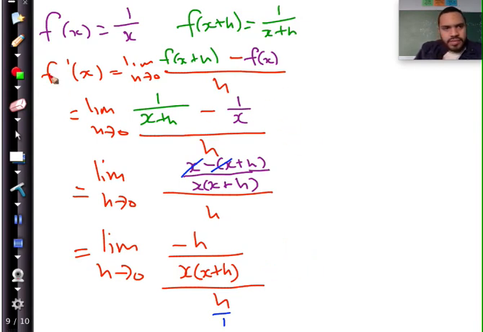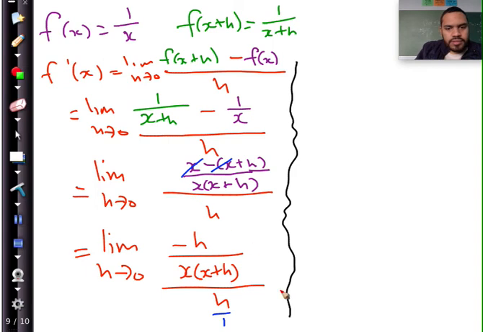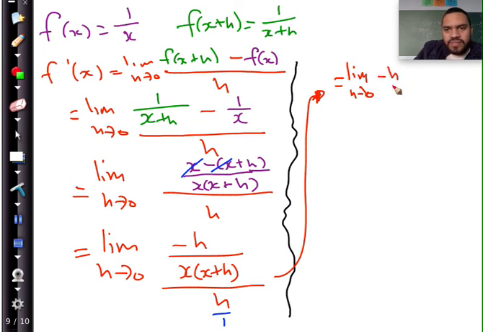Let's continue on this side. This equivalence relation is continuing from here. That's the limit. Can you guys see that? Of negative h over x into x plus h.